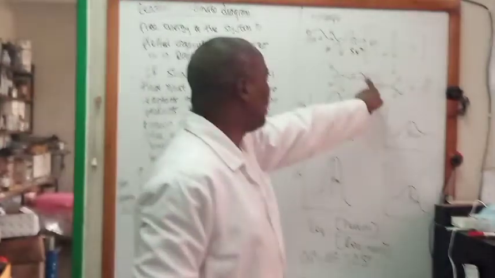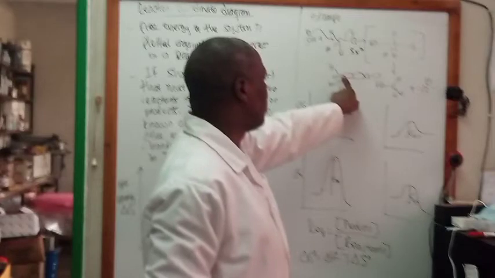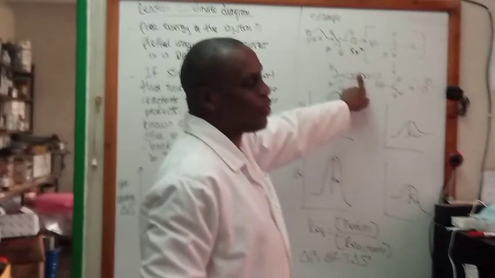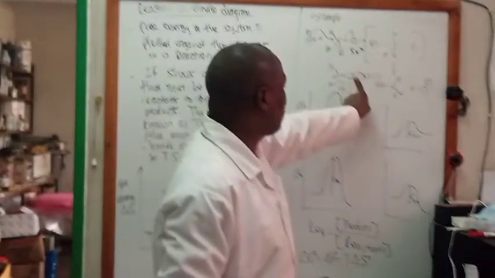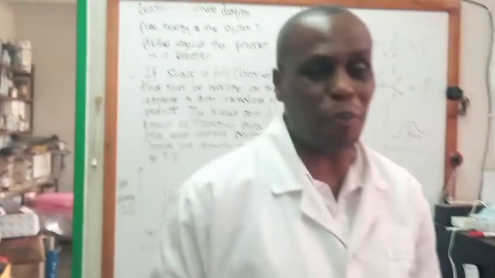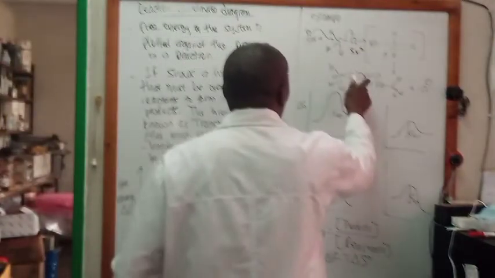There is no overlap. So this is a bond which is partially forming or partially breaking, as opposed to the one I'm showing here, whereby there's the proper overlap.